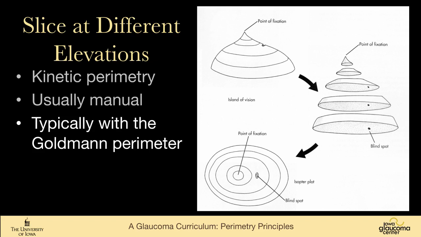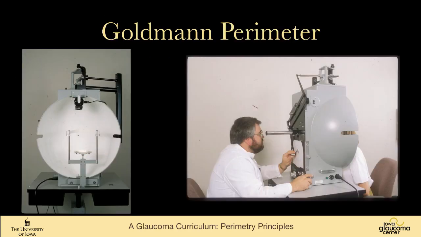You can do static perimetry on a Goldmann, but nobody does. So in manual kinetic perimetry, targets are brought in until they're seen by the patient, and different size and intensity targets will map higher and higher, lower and lower on this island, and we'll show that in more detail.